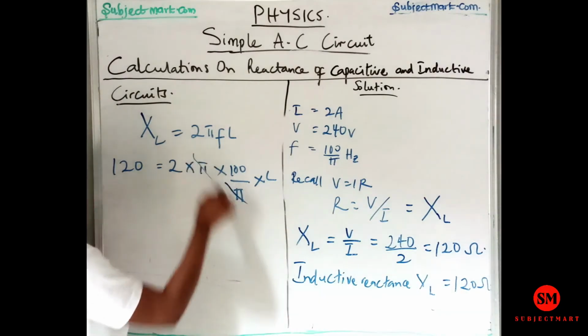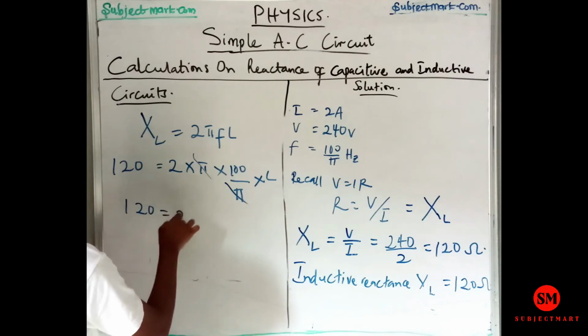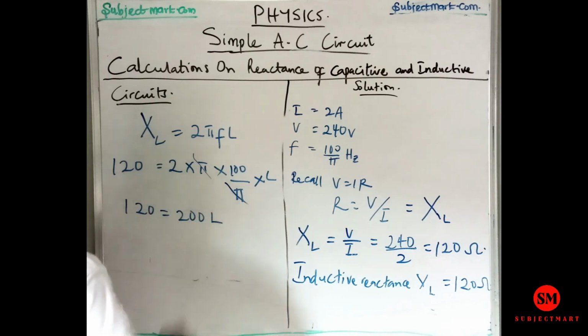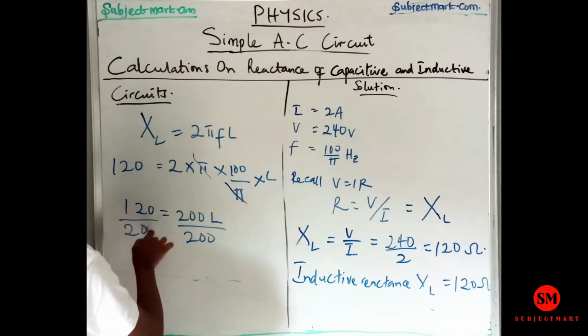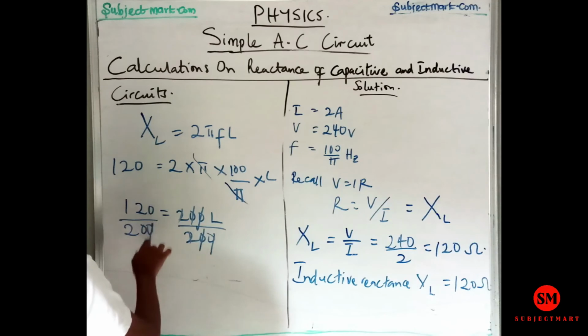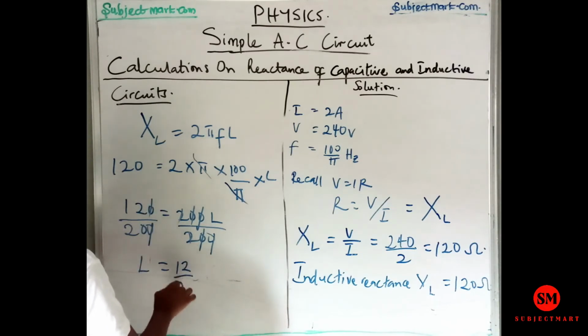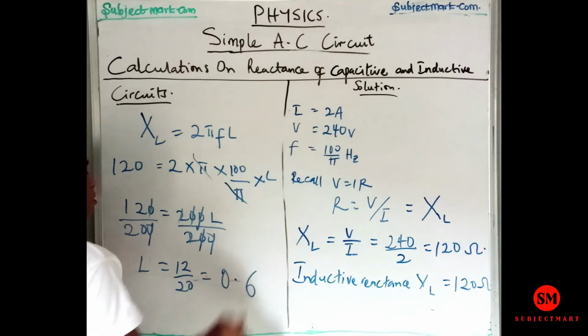So pi cancels pi. So I have 120 is equal to 200 L. Divide both sides by 200. This cancels this. So my L here is 12 over 20, which equals 0.6 Henry.